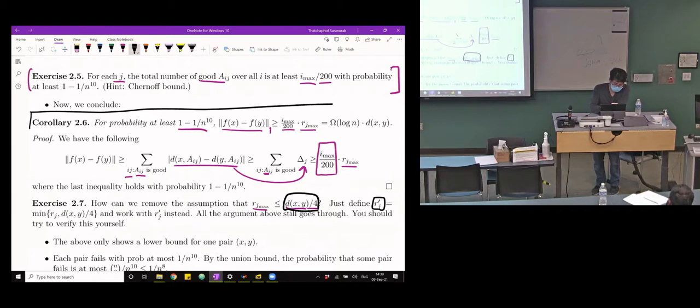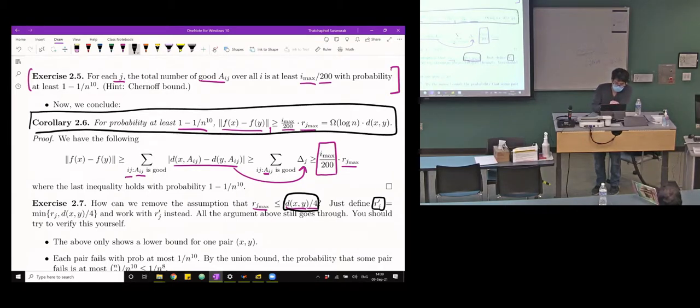Any question about this conclusion? That for every fixed x and y, with good probability, with very high probability actually, the L1 distance is log n times the original distance. Yes.